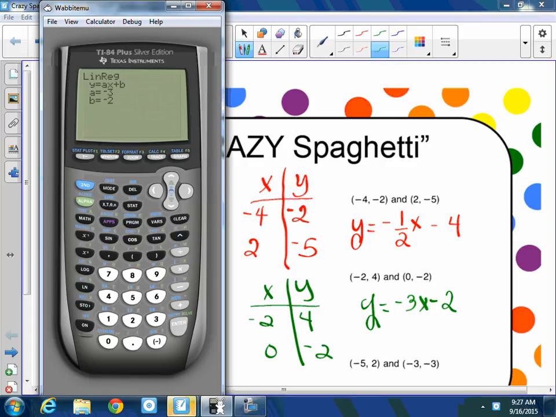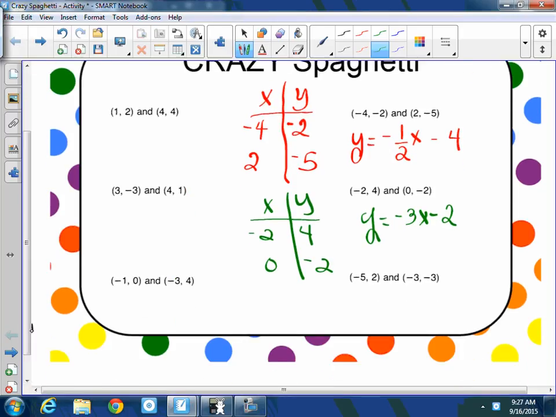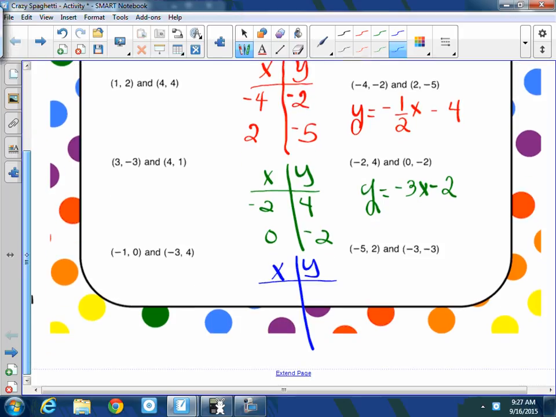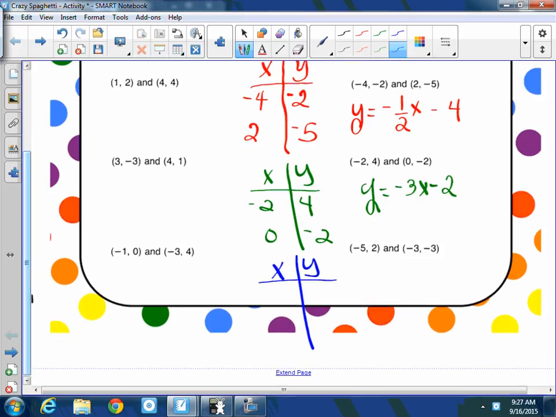Let's go. Real quick. Make the X and the Y. All right. X and Y would be negative what? 5 and 2, negative 3 and negative 3. It doesn't take more than 5 seconds to do. You make sure you get it right.